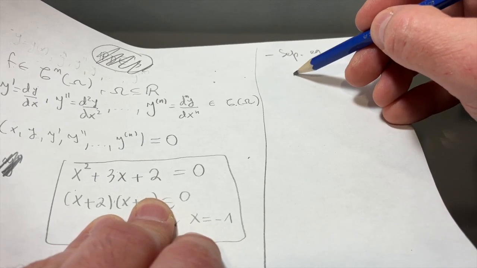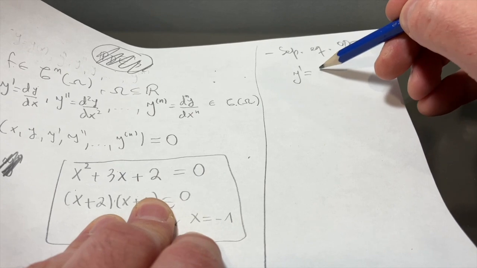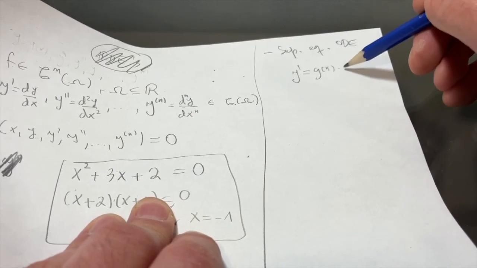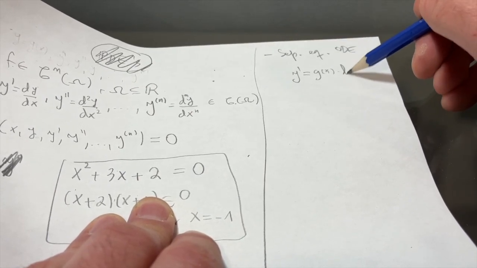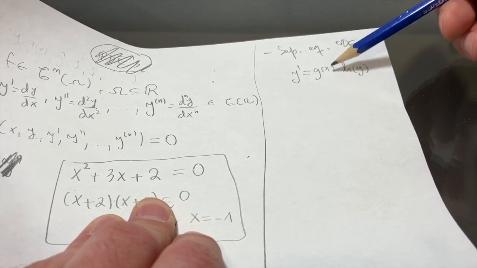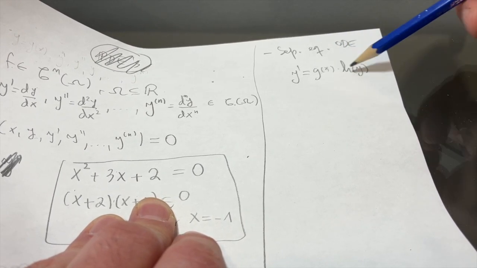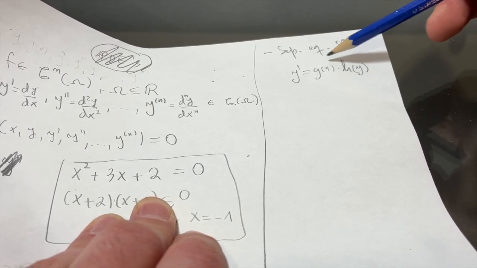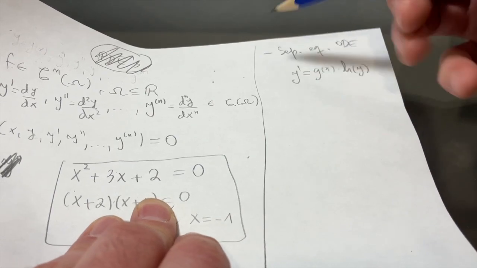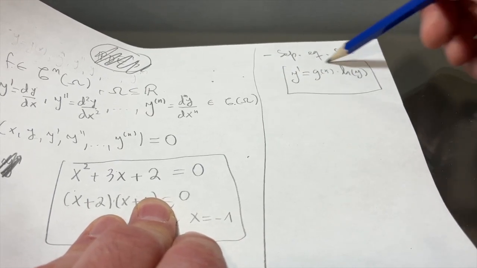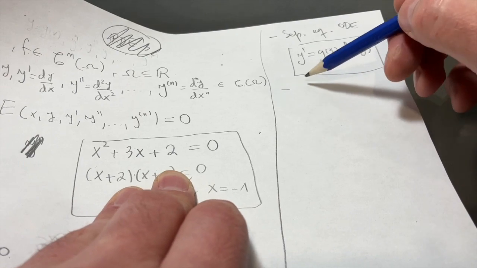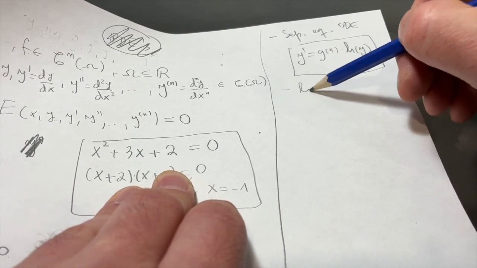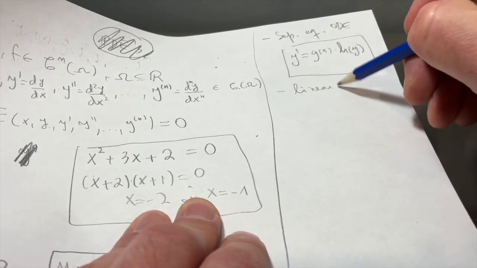They would look like y prime equal g of x times, say, h of y. So you separated x from y, okay? So there's a specific method, super simple, to solve this kind of equations. Then you would move on to solving the linear equation.